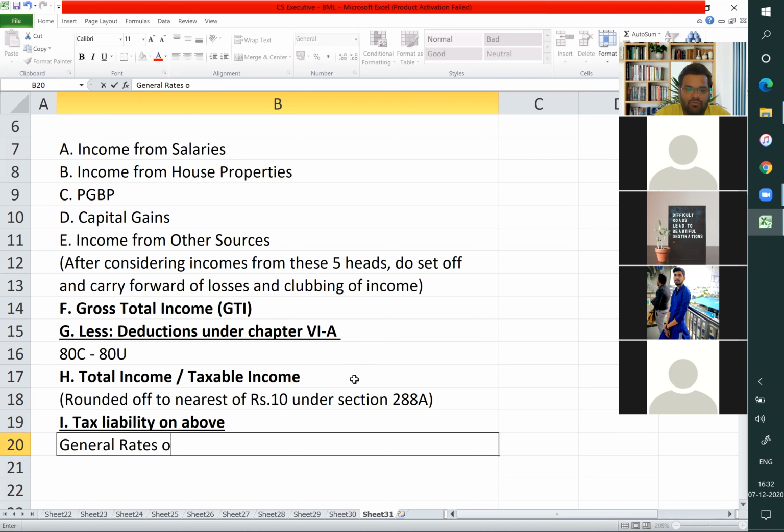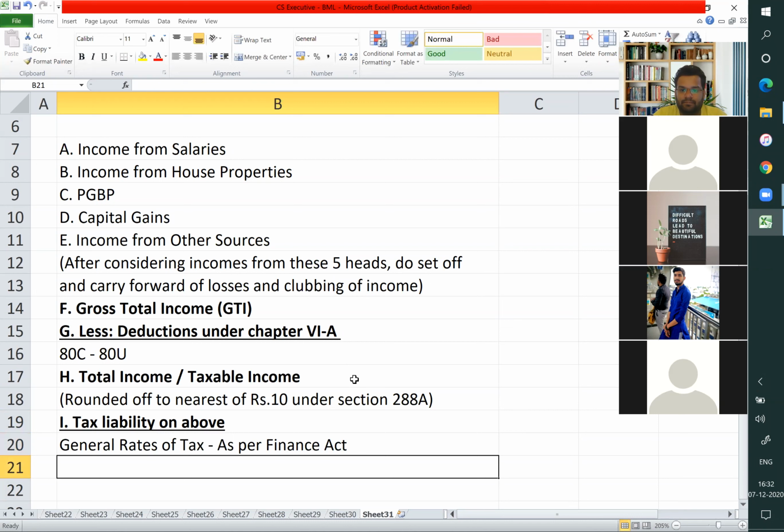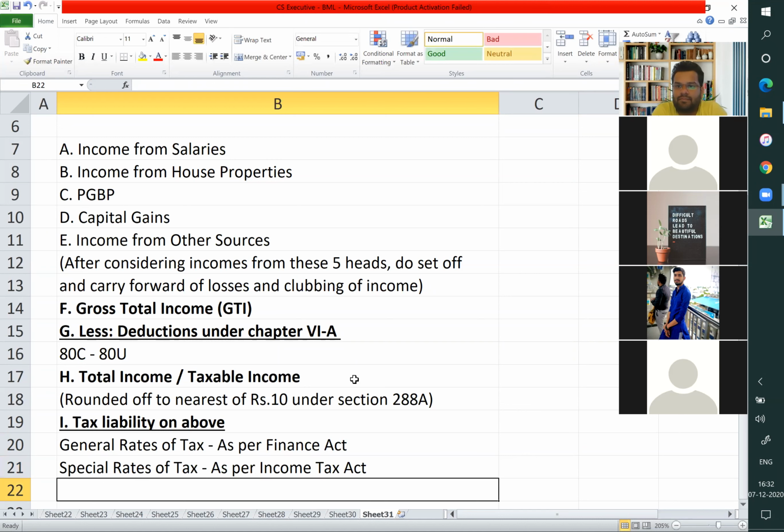General rates of tax are as per the Finance Act and special rates of tax are as per the Income Tax Act. Okay, I'll just tell you an example.